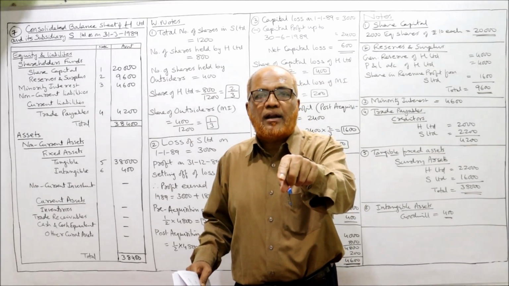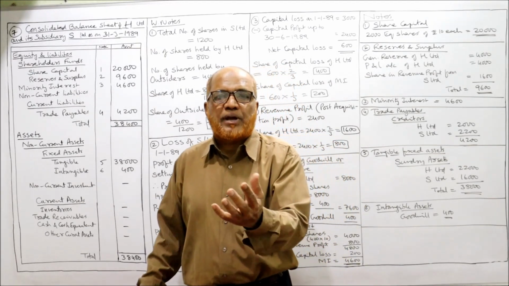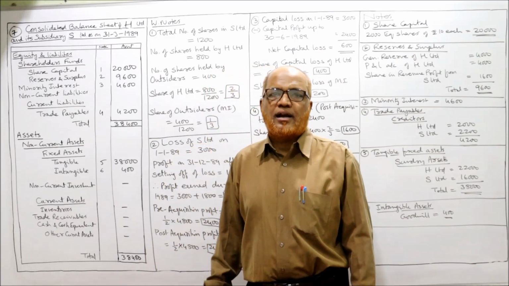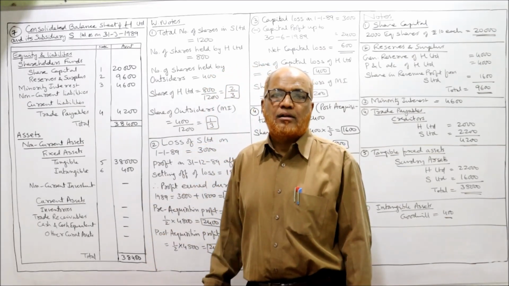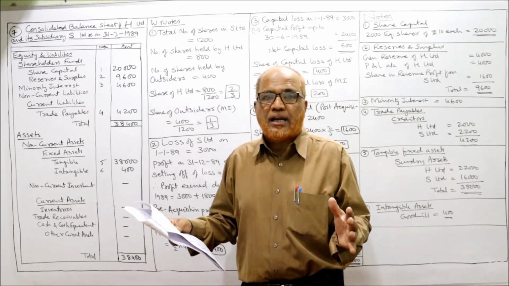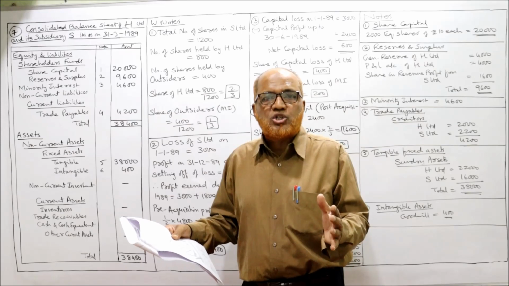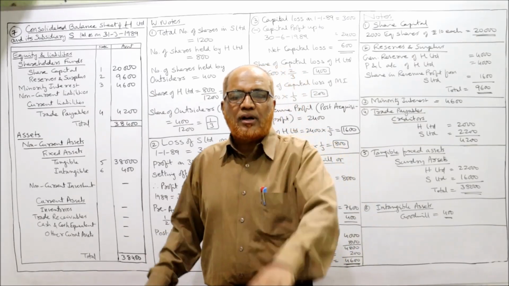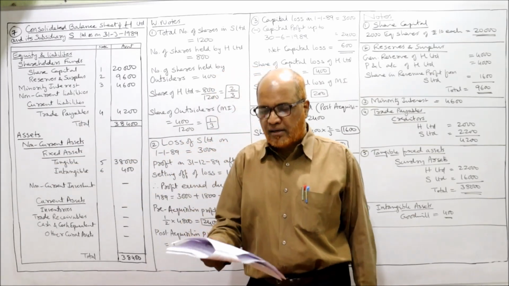Out of 1200, 800 shares are purchased by H Limited. The remaining 400 shares are held by outsiders. So out of the total 1200 shares, 800 shares are held by the holding company and 400 shares are held by outsiders.